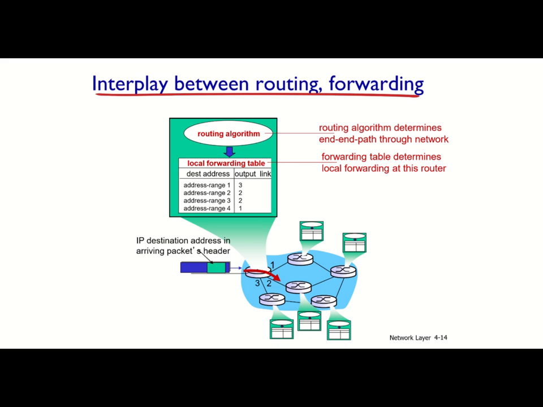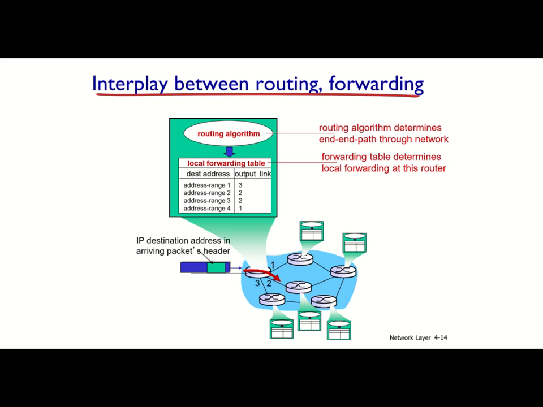Forwarding means transferring one datagram from one router to another router, displacing a datagram by one hop. However, routing means finding the best path for a datagram to reach from one end system of the network to the other end system.